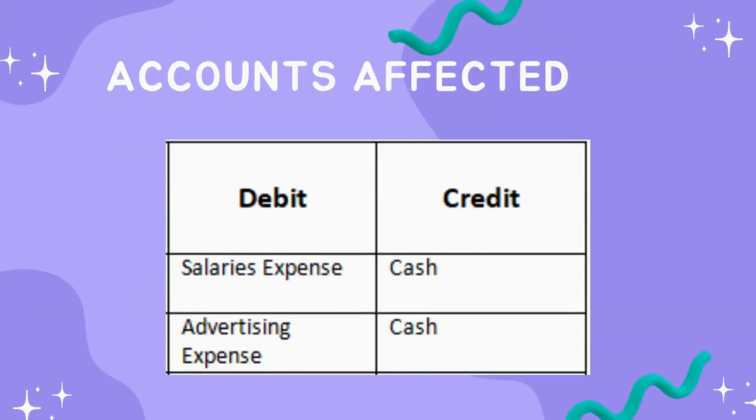Now, let's go with the second transaction, made on March 18. Paid the advertisement worth 93,780 pesos to a local paper. The account affected in debit is advertising expense, and for credit, the account affected is cash.